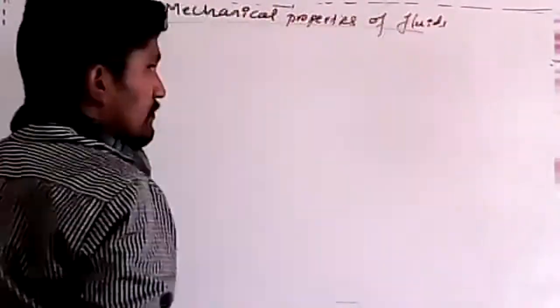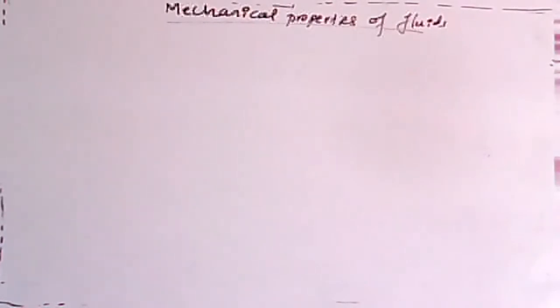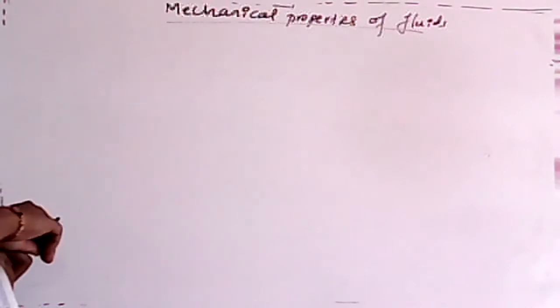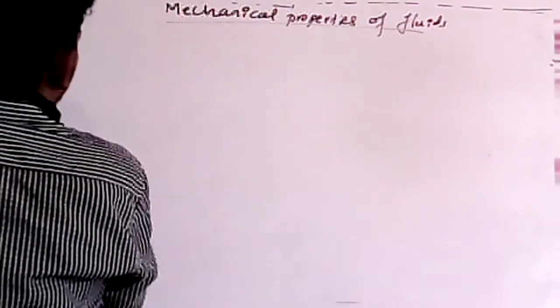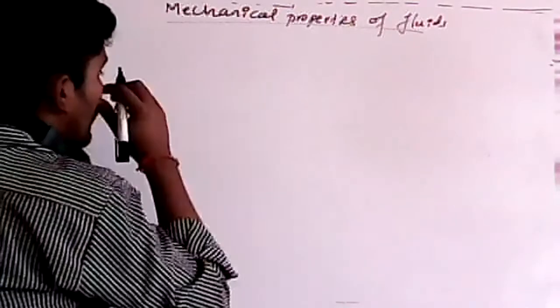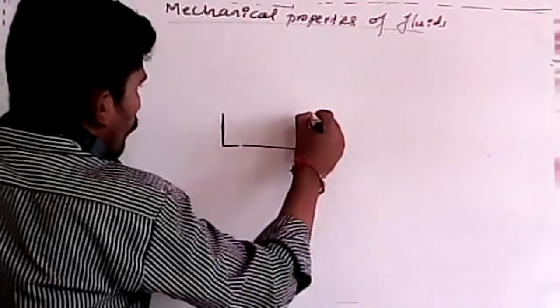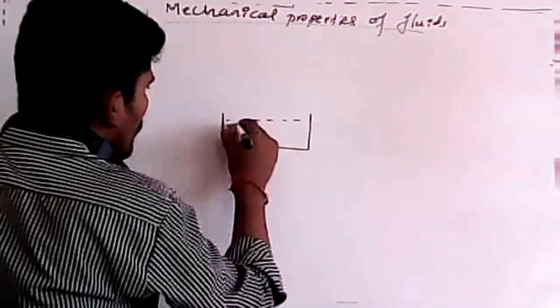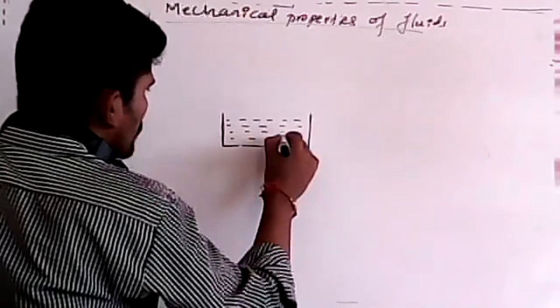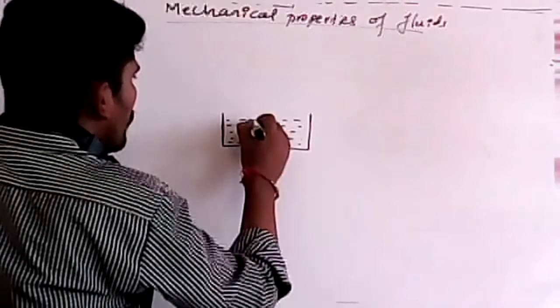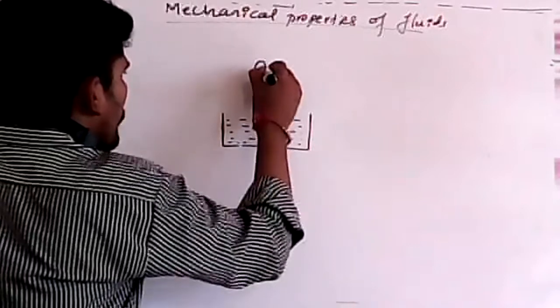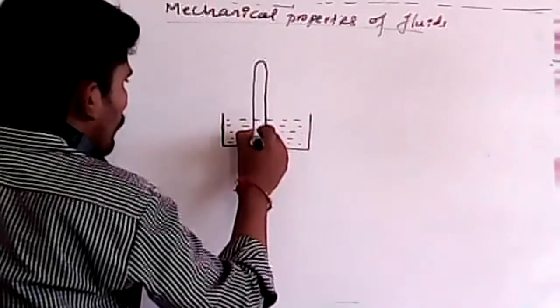Students, last class I already did one equation. What is that equation? Do you remember the last equation that I wrote? In surface tension, we took water in a container, and when we dipped a capillary tube in it, what will happen, students?